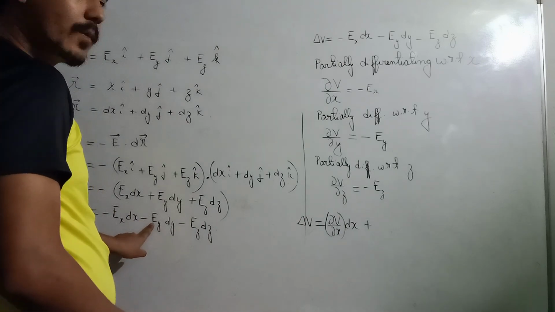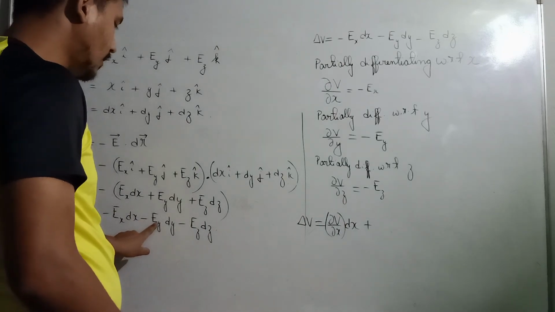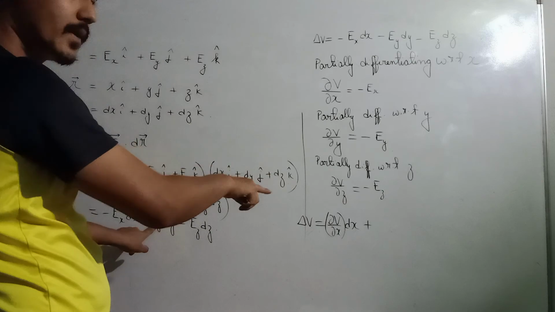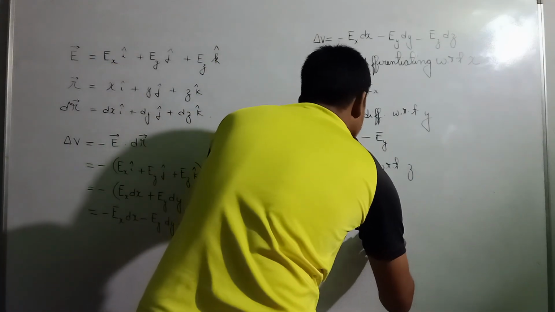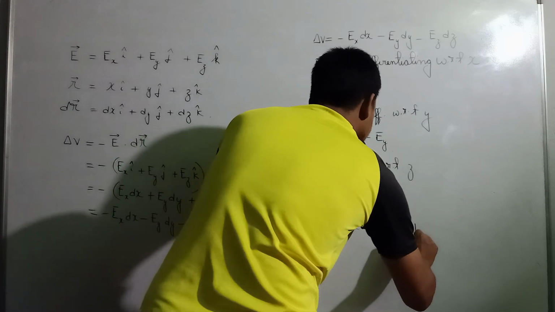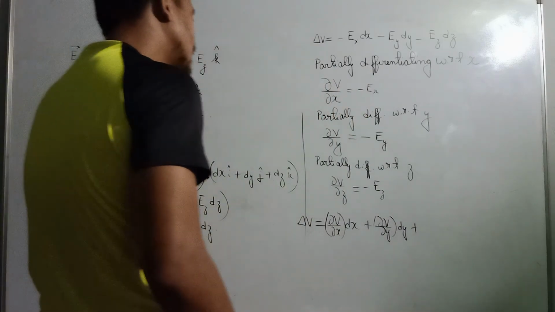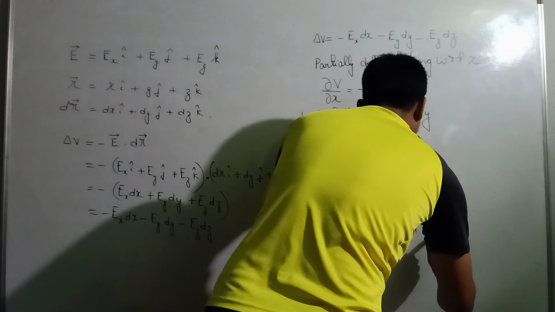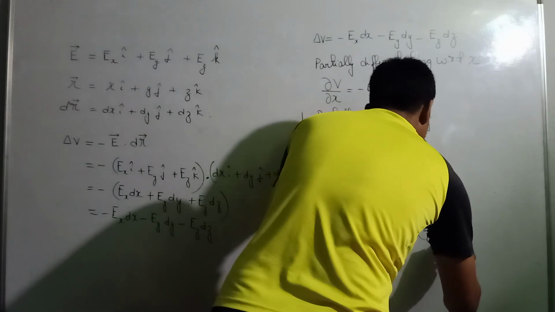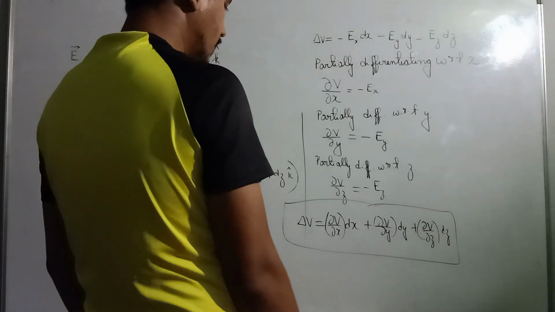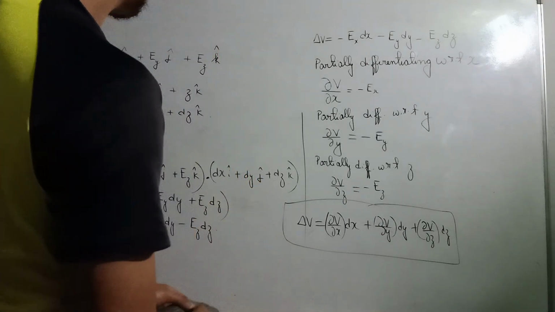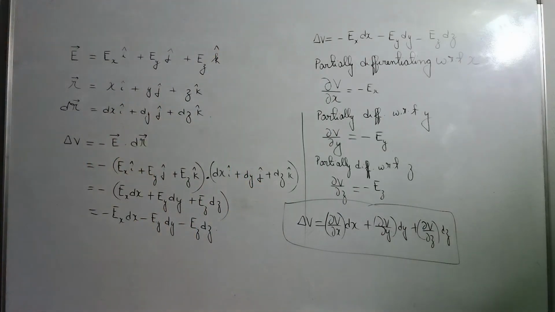What is minus ey now? Minus ey is del v by del y dy, plus. Similarly, what is minus ez? Del v by del z dz. Is it okay? Are you following that? No? Alright, now you can just note this down.